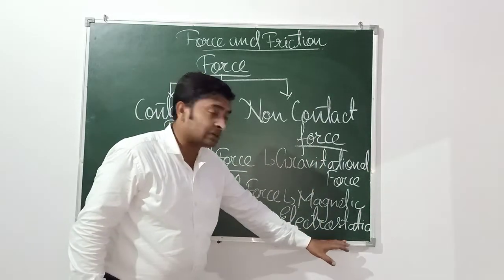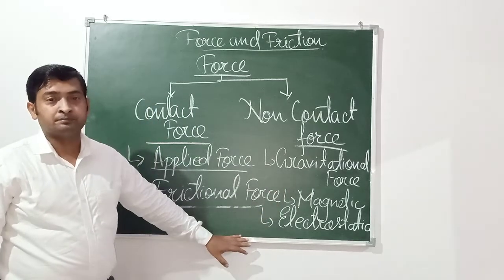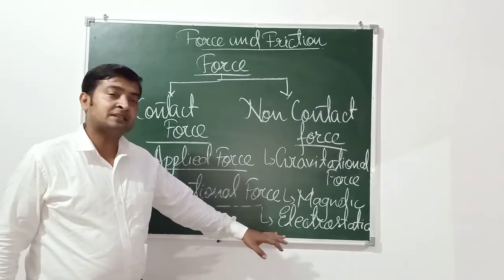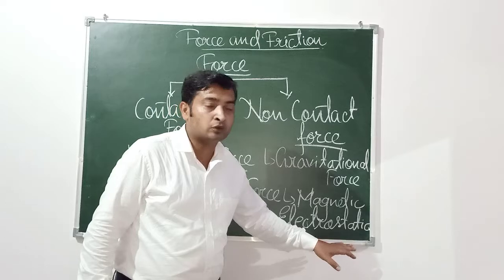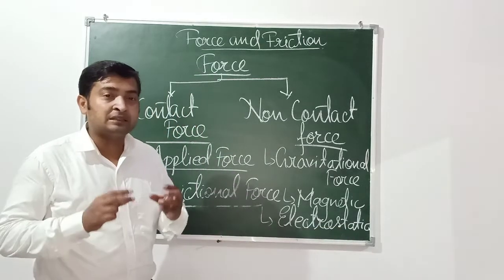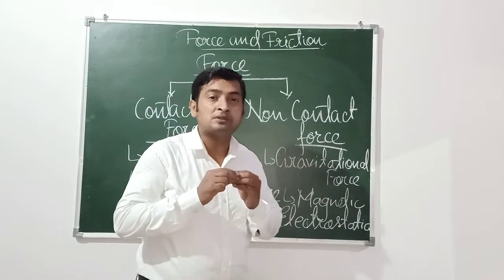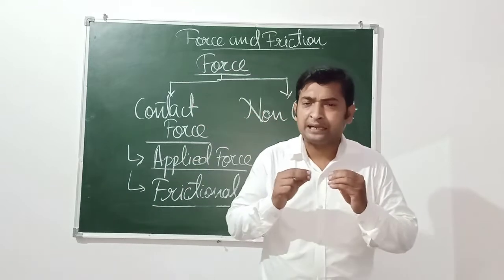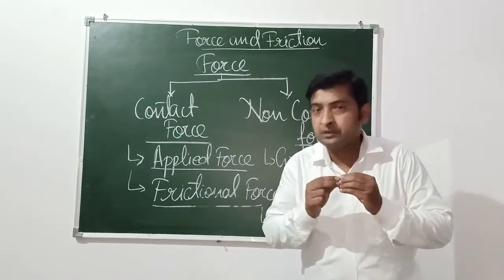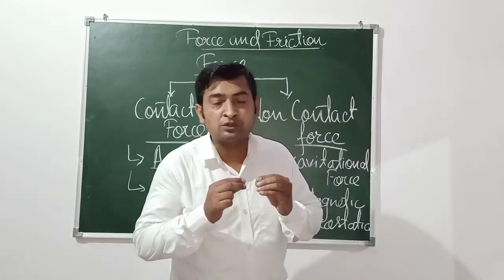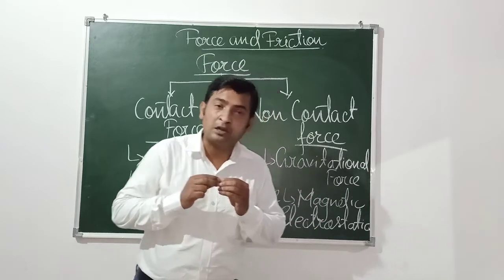The last one is the electrostatic force. It is the force which is acting between the atoms and molecules and keeps these very small atoms and molecules together. Okay, this is that force which keeps these atoms and molecules together.